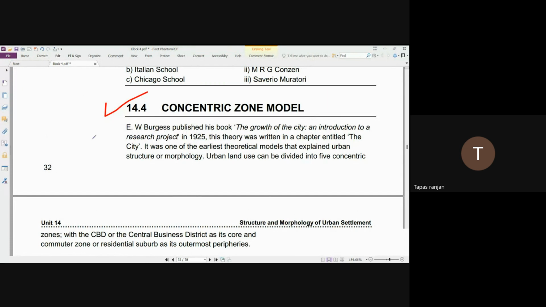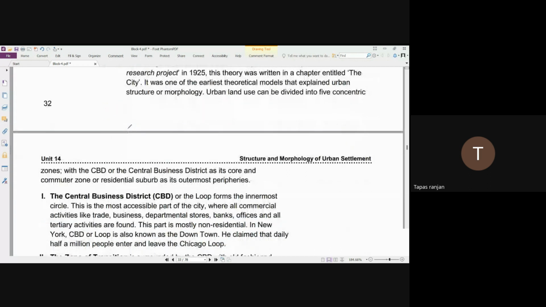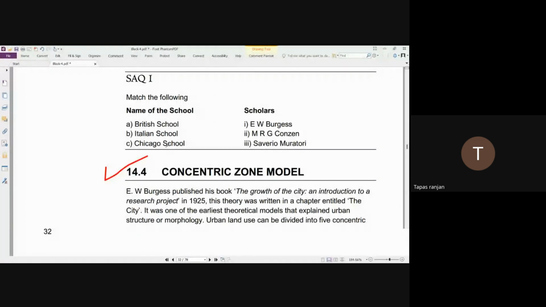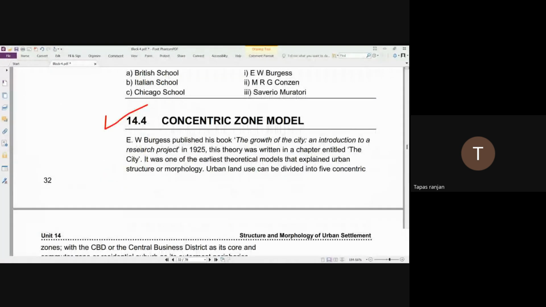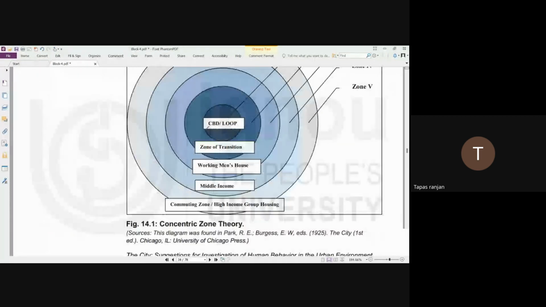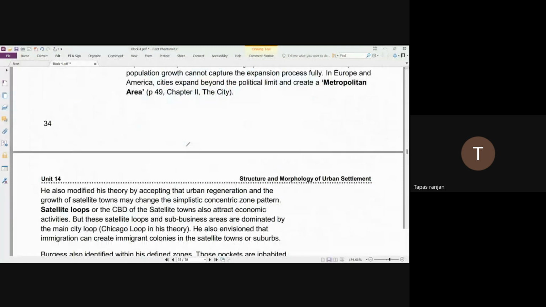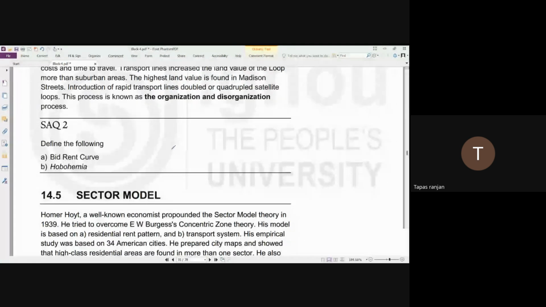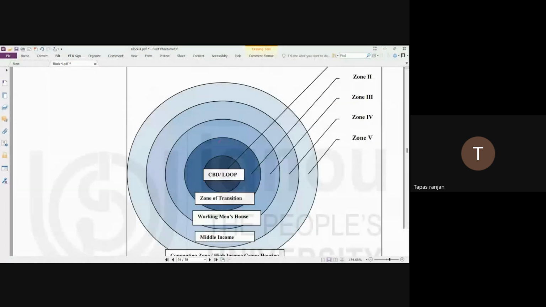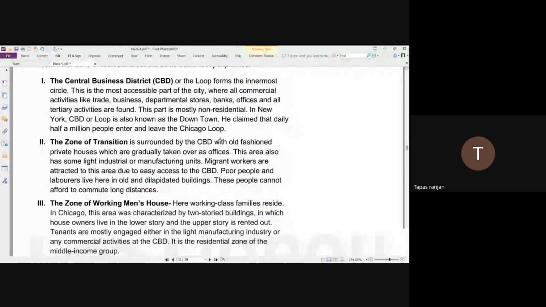And remember, all those who are interested in appearing for NET, these three theories that we'll be discussing most of the time come in the NET exam also. You have the concentric zone model, then the sector model, I think, and another one is the multiple nuclei model. Homer Hoyt, I think, has given it.